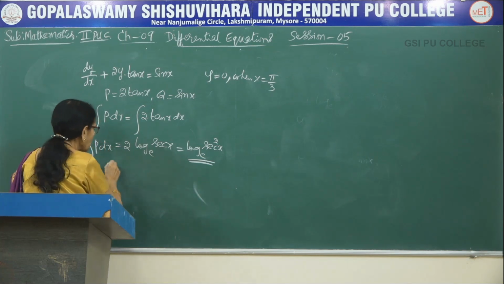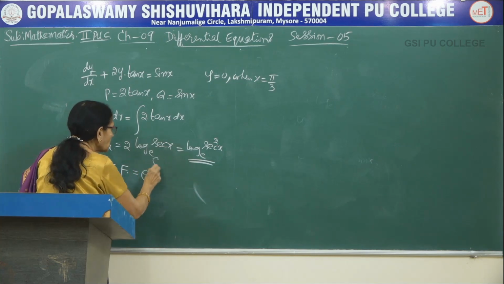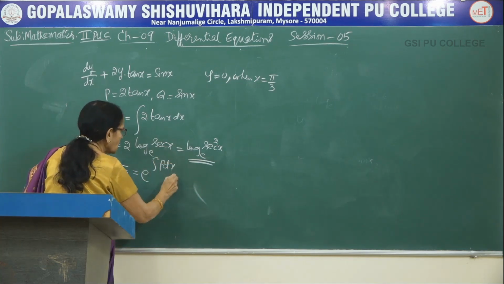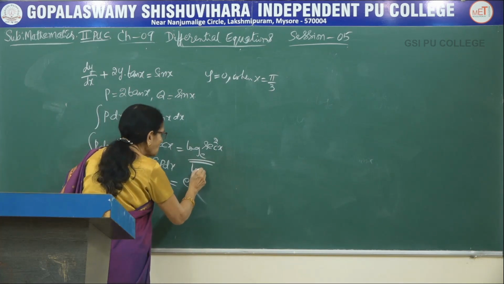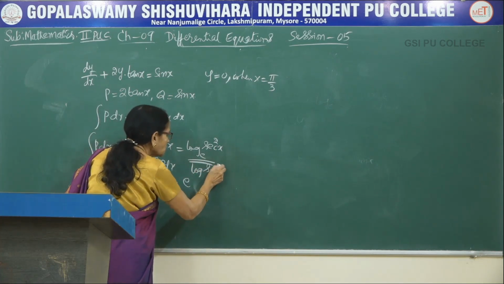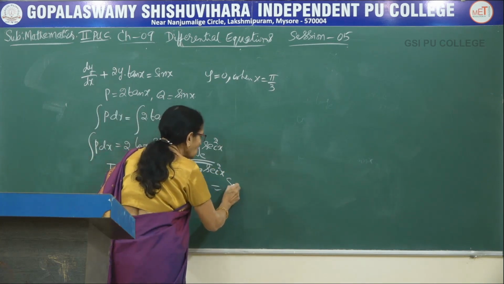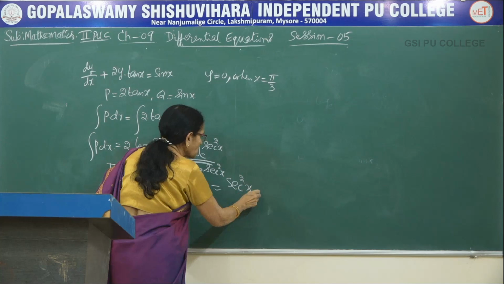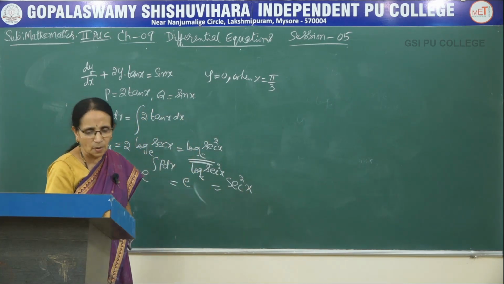Now let me consider the integrating factor. What's the formula? e to the power integral p dx. What is that? e to the power log of secant square x to base e. Again, I have told you, using that information, the integrating factor has become secant square x.